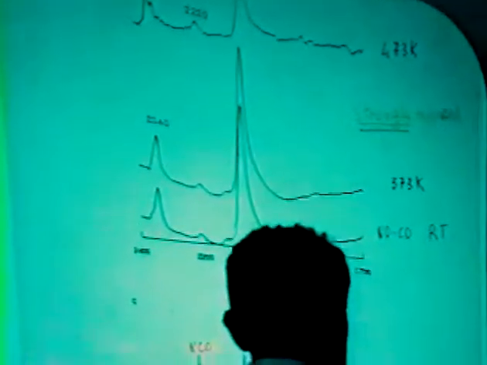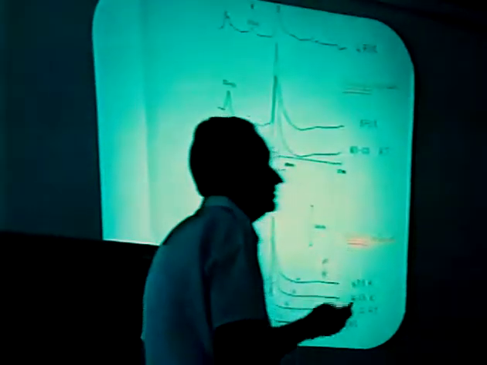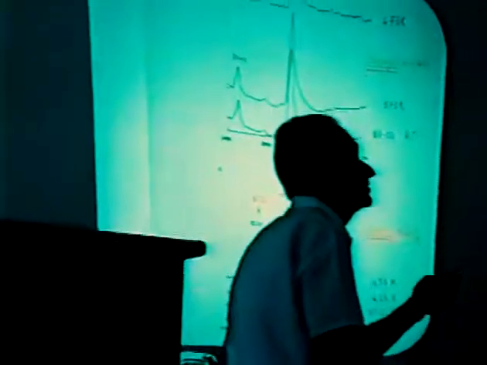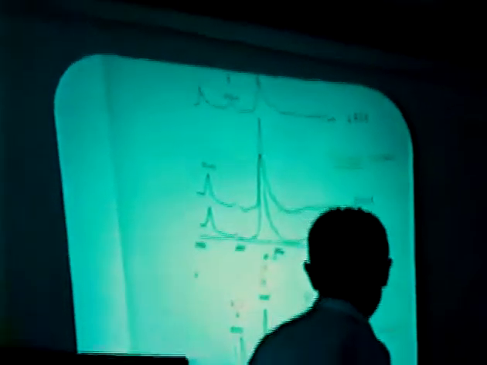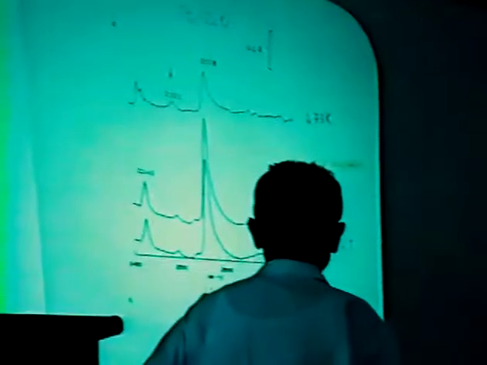That is, on a weakly reduced support, which contains a minor amount of semiconducting electrons, the isocyanate species is more stable, is formed and resists up to nearly 300 degrees. Whereas on the well-reduced support, the isocyanate species is formed in lower quantities and is easily decomposed at lower temperature.